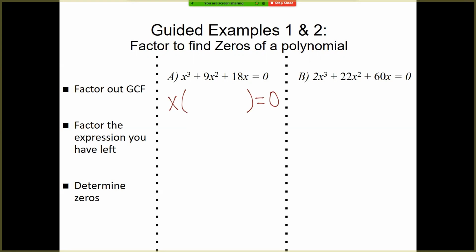If I factor x out of x to the third, I just have x squared. If I factor x out of 9x squared, I have 9x. And if I factor x out of 18x, I just have 18. So for step one, we're factoring out that greatest common factor of x, leaving us with x squared plus 9x plus 18.